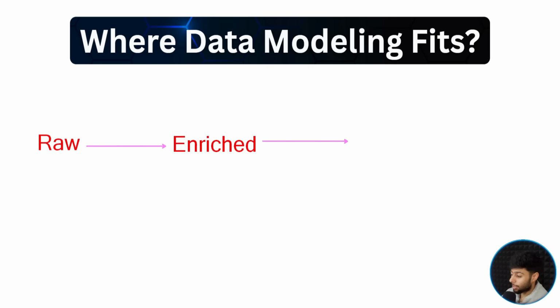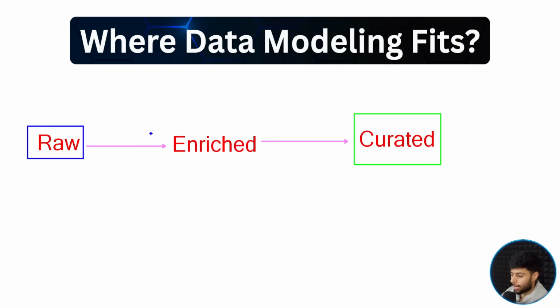Then we have something called curated layer. Okay, so these are the three layers. Our data modeling fits here in the curated layer. Make sense? But it is directly linked to raw and enriched as well. Remember, incremental loading, UPSERT, everything.